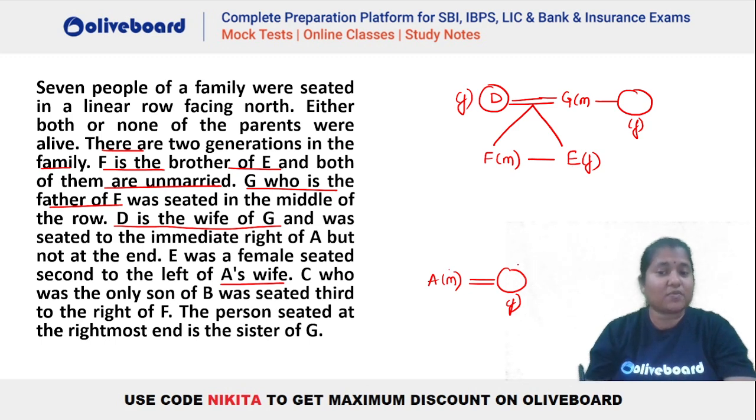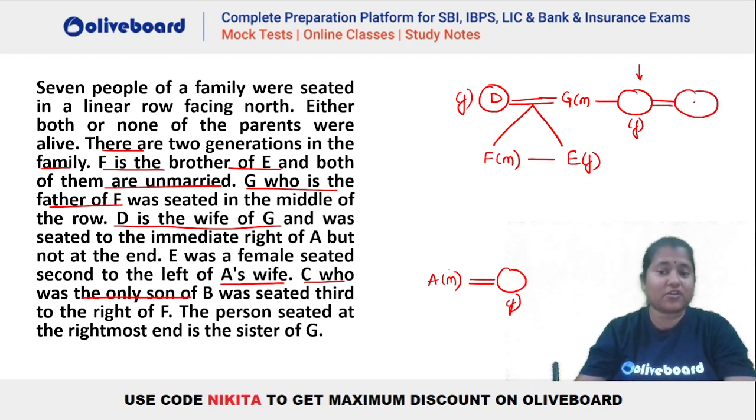So, A cannot be married to E. Similarly, D and G are already a couple. So, where should we have A? That is the question. And also, at the very same time, we should have 7 persons and only 2 generations here. Now, you can see that we have a sister here for G and she is female, so she can be the one who is married to A, right? Also, it is given C is the only son of B, right? So C is the only son of B.